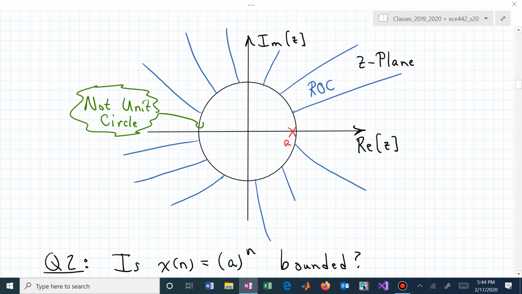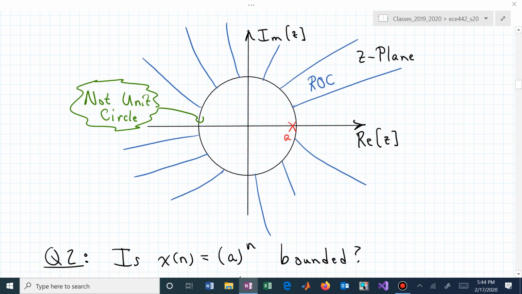All right. Question 2. Are we ready for question 2? Is this sequence, where A is the value of that pole, raised to the n, bounded? And now we know from question 1 what the values of n are.